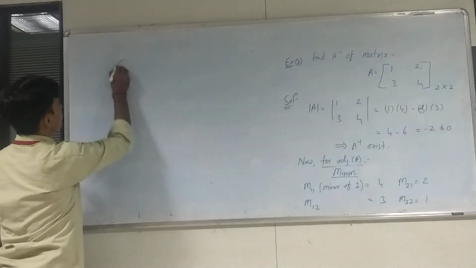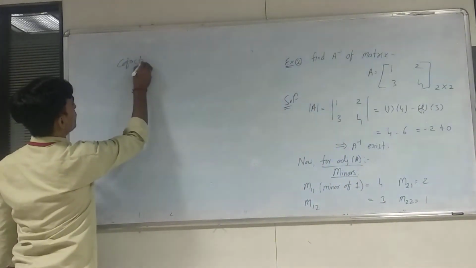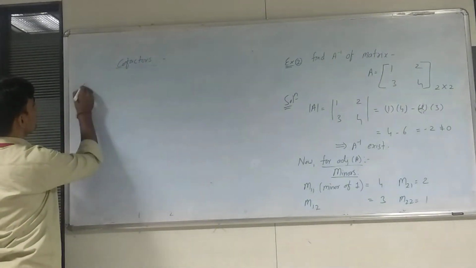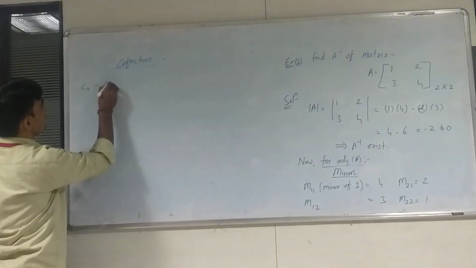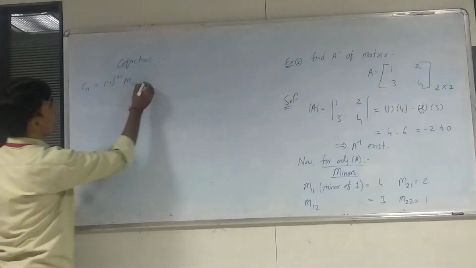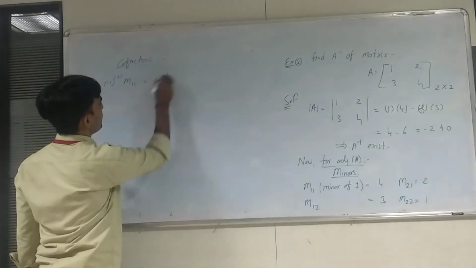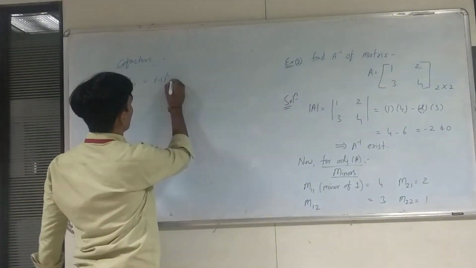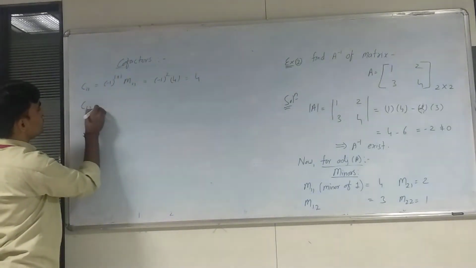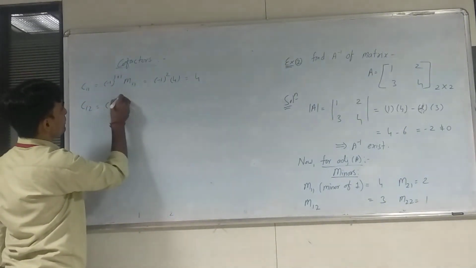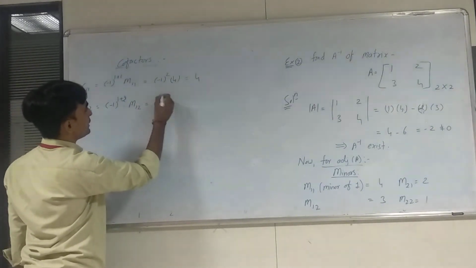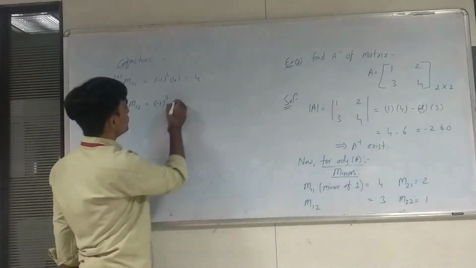And cofactors, which are C11 equal to minus 1 power 1 plus 1 M11. This is minus 1 power 2. M11 is 4. So it is 4. C12, minus 1 power 1 plus 2 M12. It is minus 1 power 3 into 3.